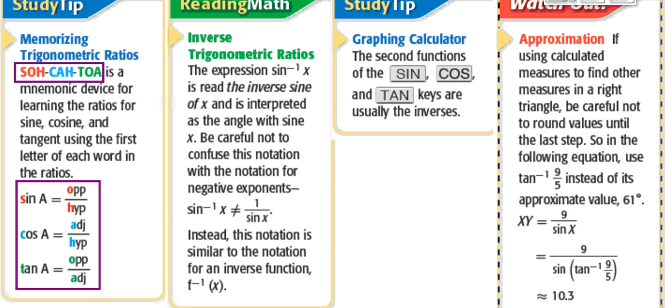And it says that right here. The inverse sine of x does not equal 1 over sine x. There's something different to be used when we actually do the 1 over sine. And so it's this inverse function notation that we're using for trigonometry.